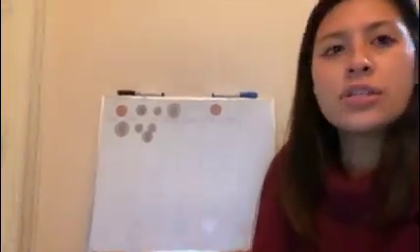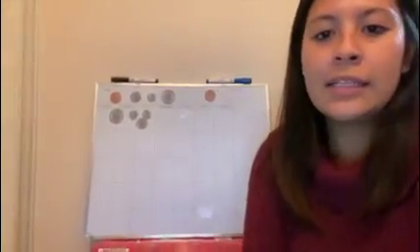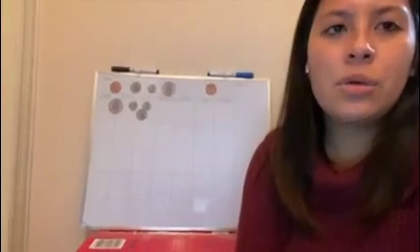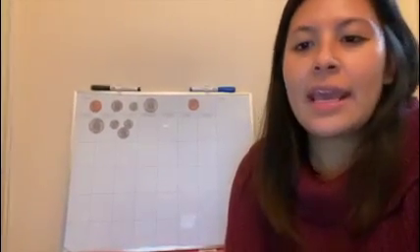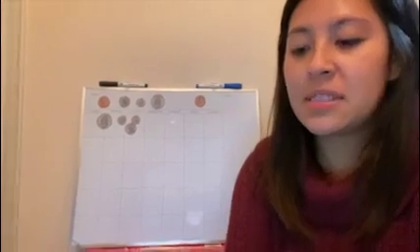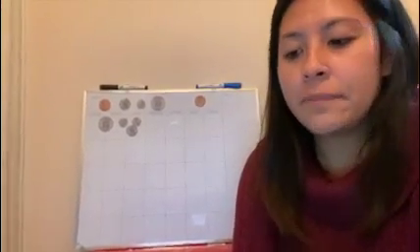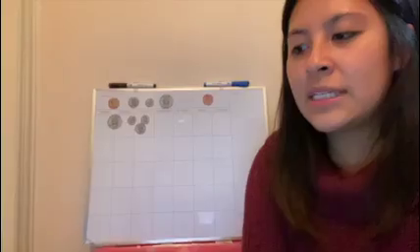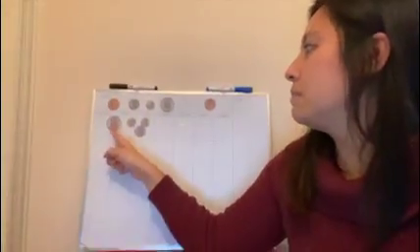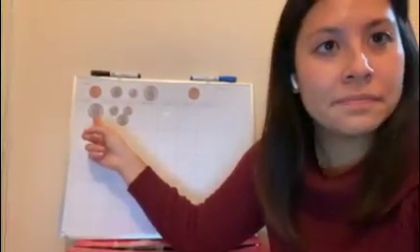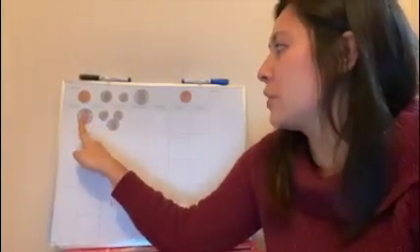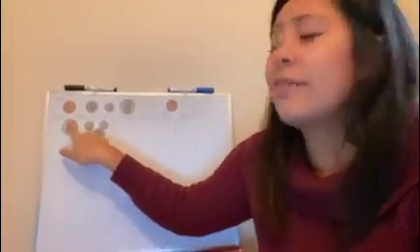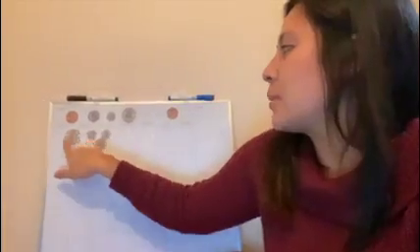Let's say you go to the store and you want to buy some gum. Let's say this piece of gum is worth 1 quarter, 25 cents. I don't know where you can find gum nowadays for 25 cents, but let's pretend.